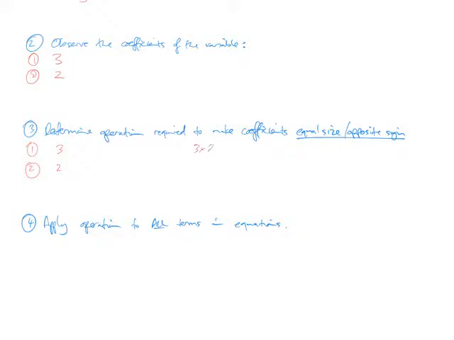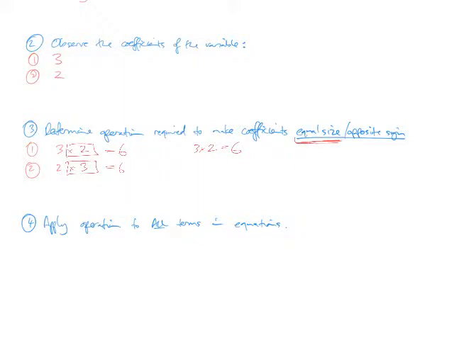3 by 2 makes 6. So to make the coefficients even, I would need to multiply 3 by 2 and 2 by 3 to make 6. So that makes them equal in size.